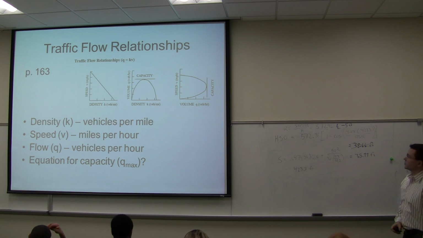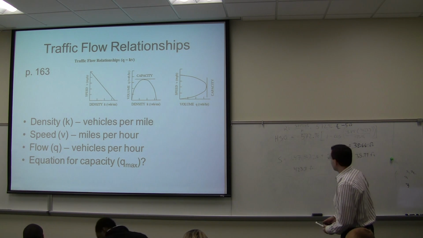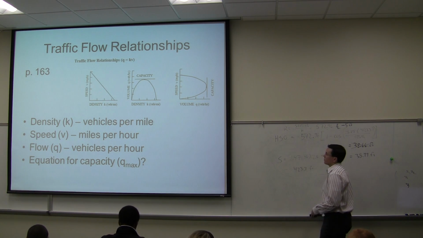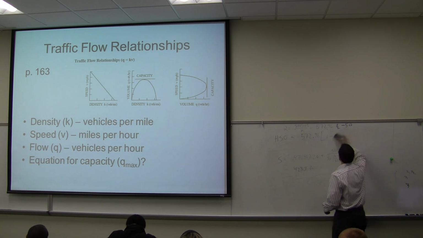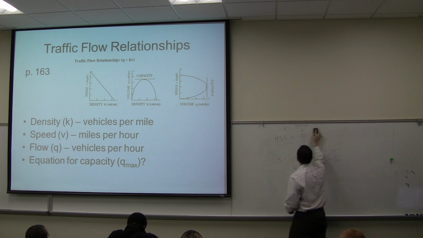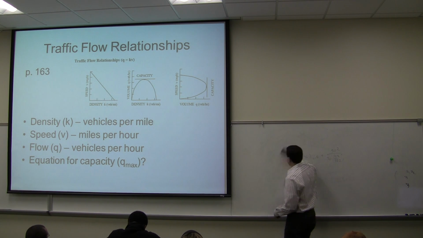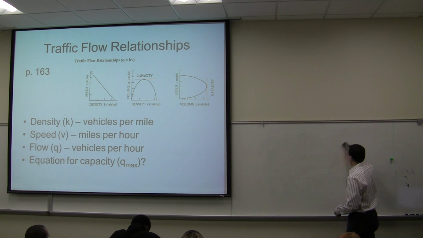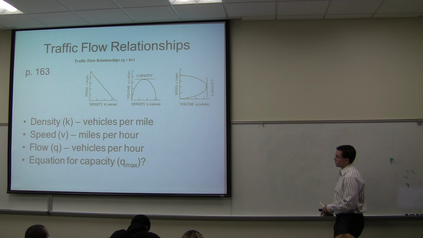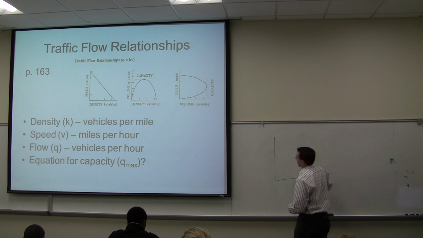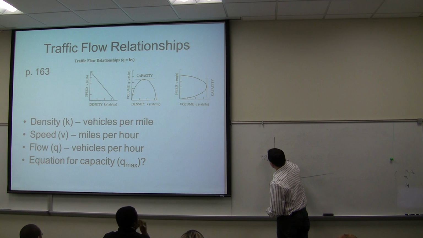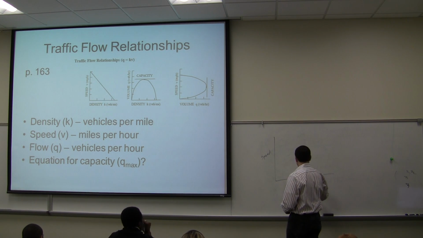Traffic flow relationships. This is the speed, density, volume relationship. I still haven't heard from anybody what type of questions they actually ask on the FE exam, but just to remind you of the logic behind these. When you're looking at speed and density, this is the base relationship.